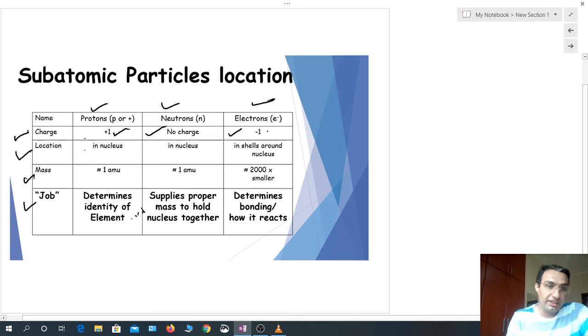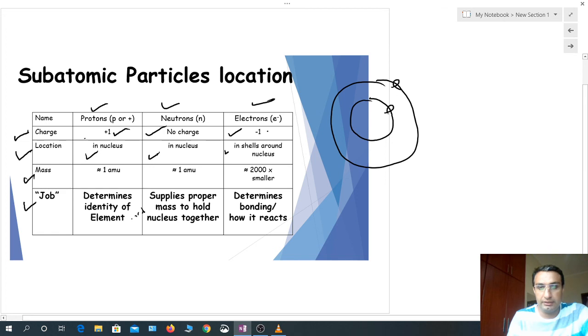As for their locations, protons are located in the center of the atom, which we call the nucleus. Same for neutrons, they are located in the center of the atom, the nucleus. And of course, electrons are present in the shells around the nucleus like this. These are the electrons, and the protons and neutrons are in the nucleus.